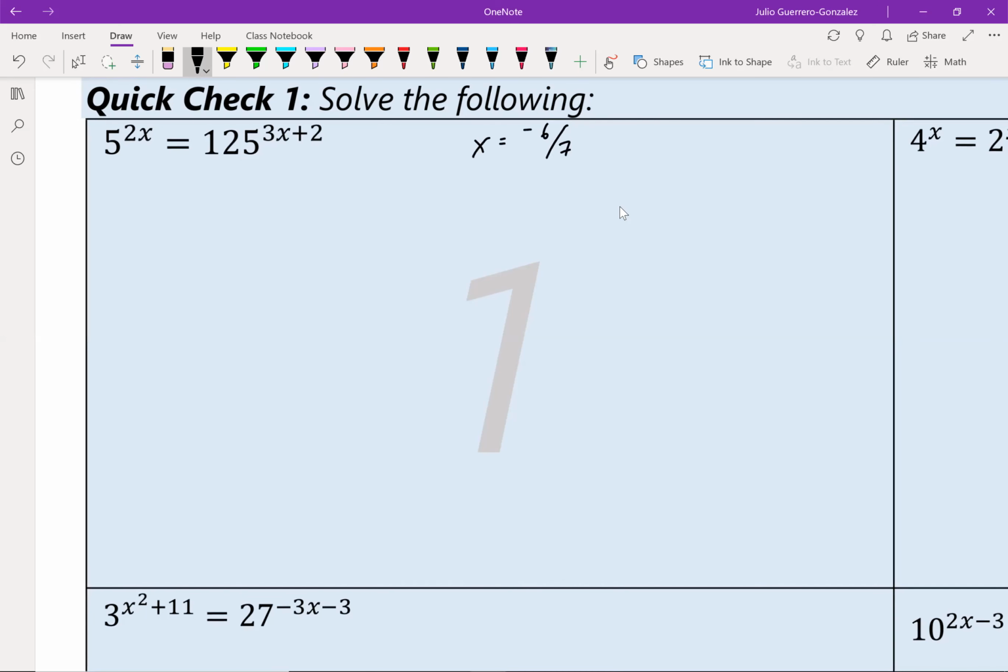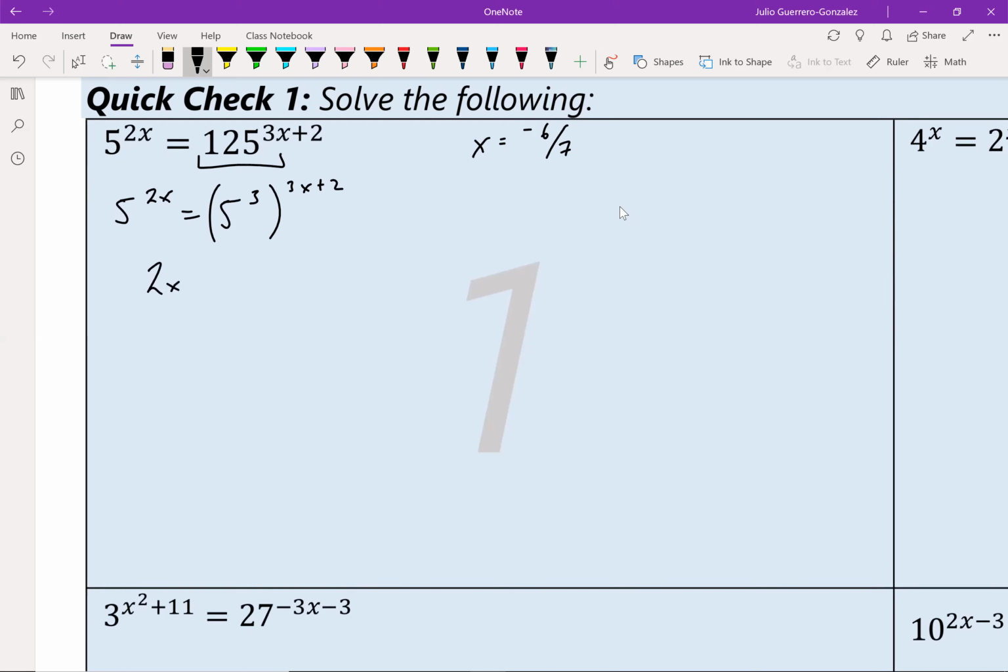So X. Our bases are not the same, right? So this base is the one that we need to change, right? So 5 to the 2x, and 125 is 5 cubed, so 5 to the 3x plus 2. Now we have our algebra problem, right?